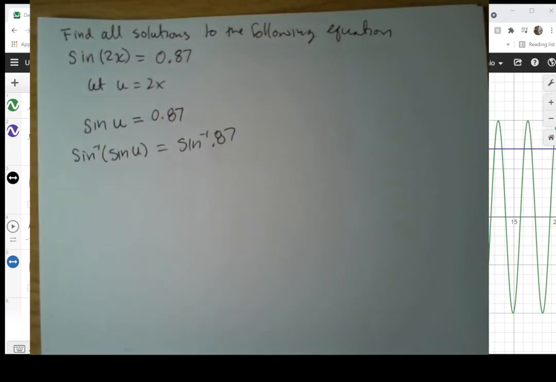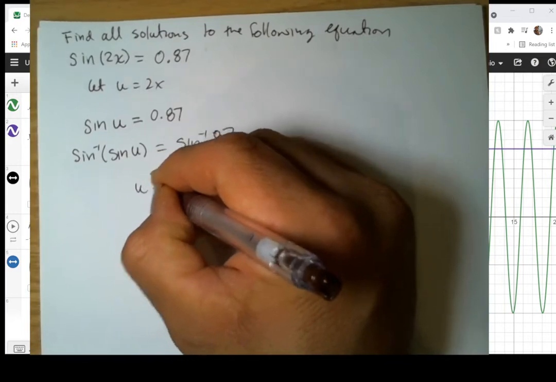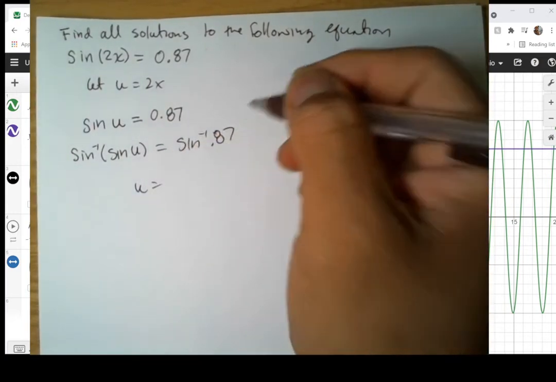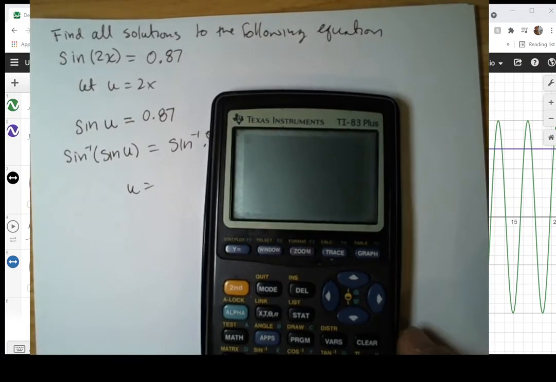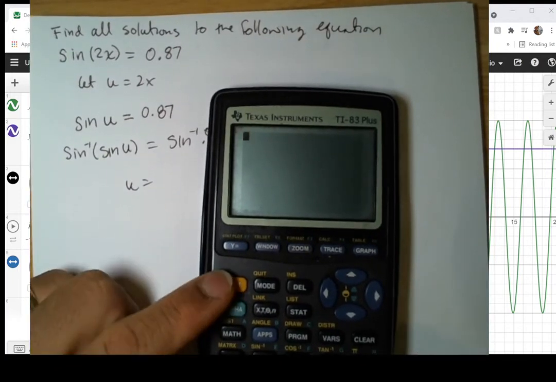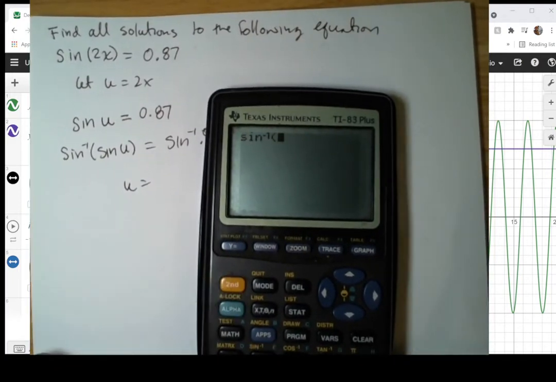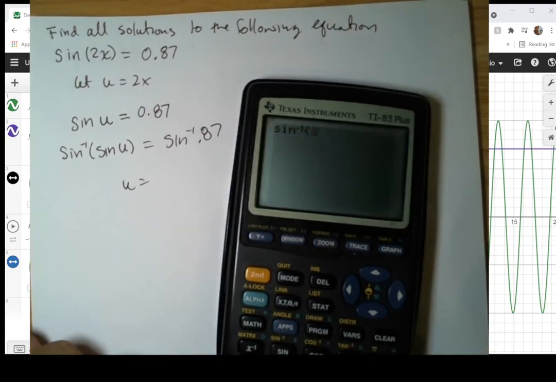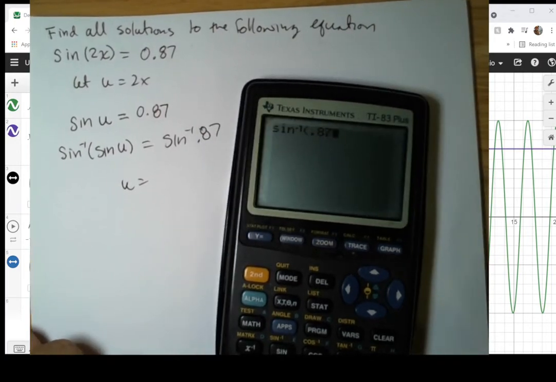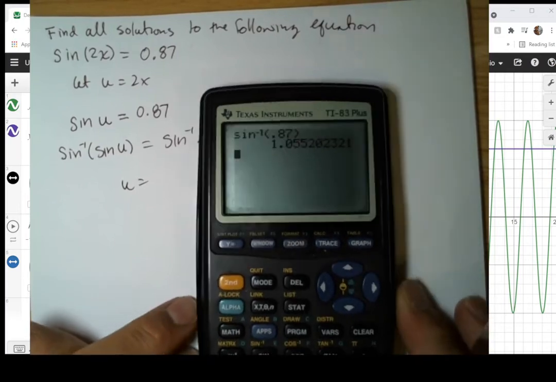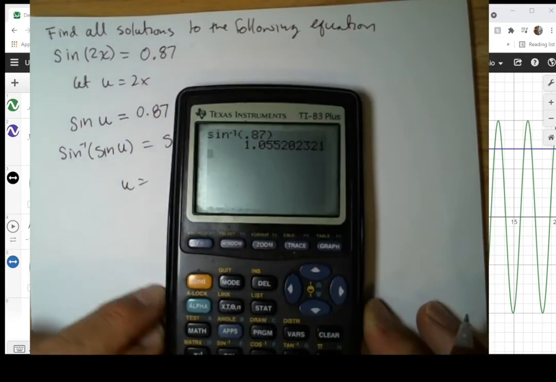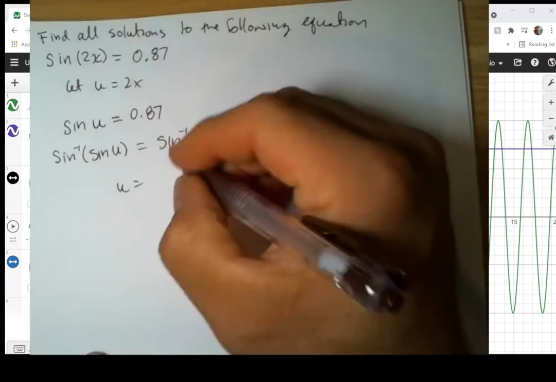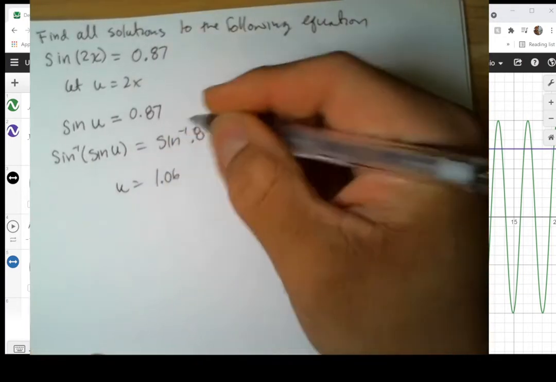Remember, the output of an inverse trig function is an angle, so it'll give me an angle in radians. So inverse sine of 0.87 equals 1 point... we're given 2 decimal places, so let's round to 2 decimal places. u equals 1.06 radians.